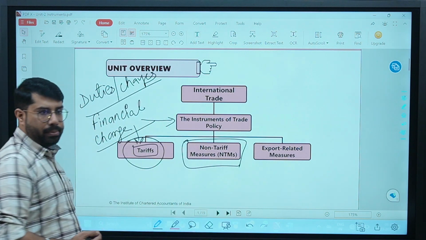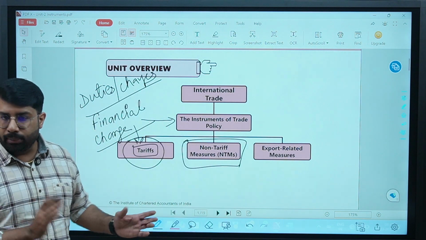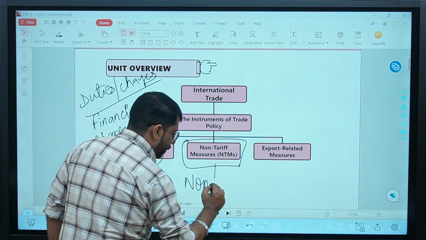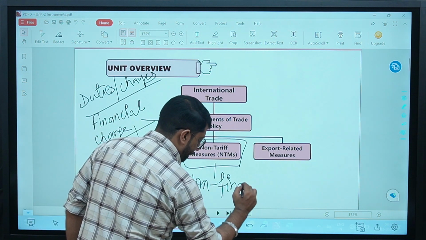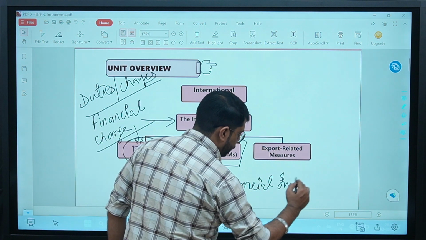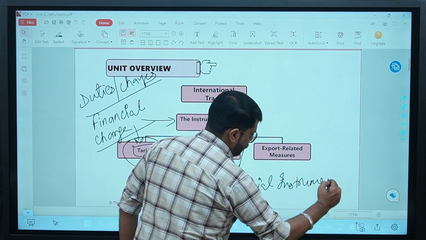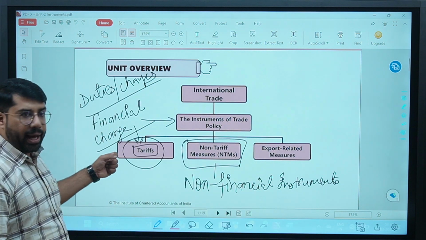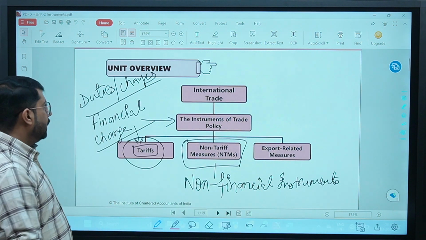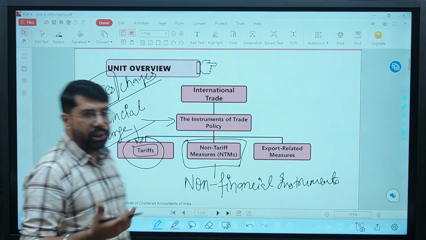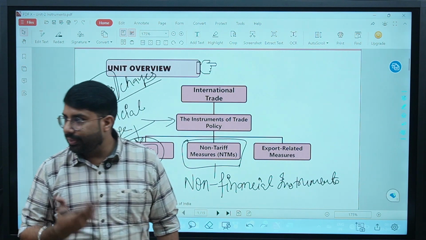Next is non-tariff measures. In short, we call them NTMs, non-tariff measures. These are the non-financial charges, these are non-financial instruments. Getting a point? In tariffs, we'll study that we are imposing duties, imposing charges, financial charge, financial tax.